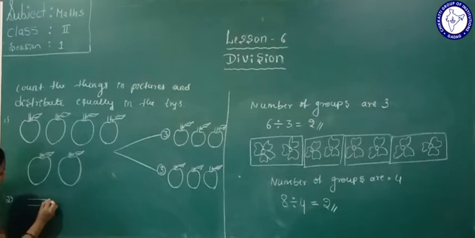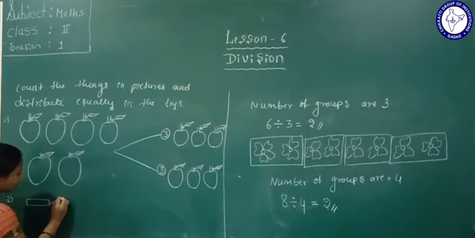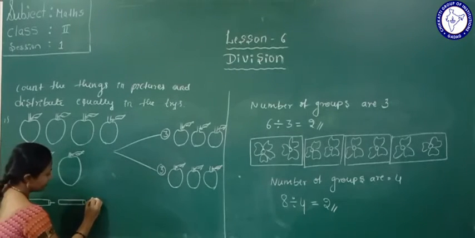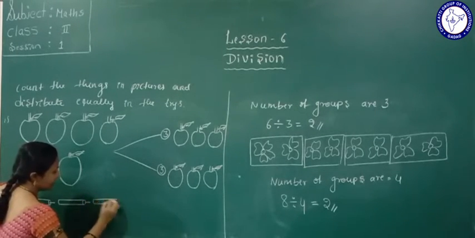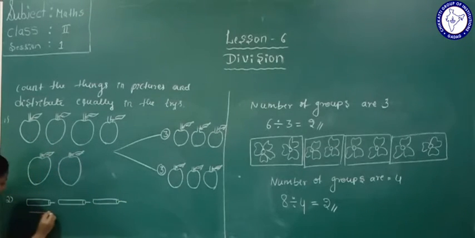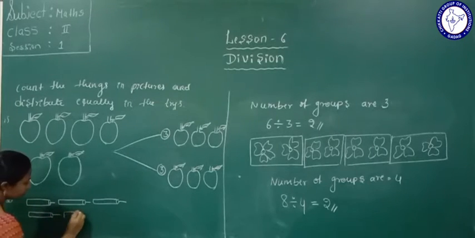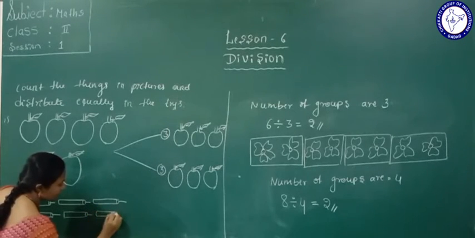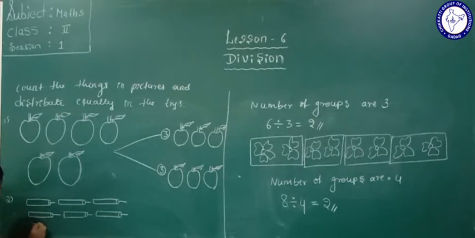How many candles have they given here? 8. 1, 2, 3, 4, 5, 6, 7, 8. Okay, so totally 8 candles they have given here.